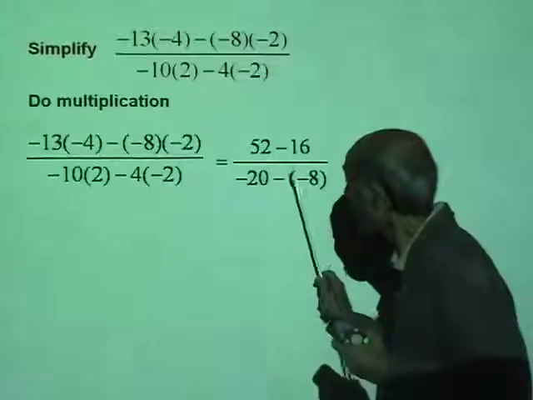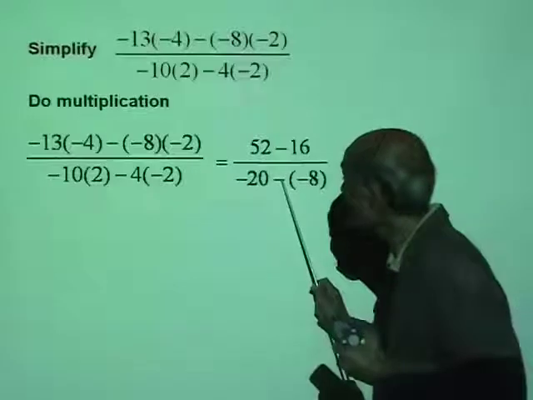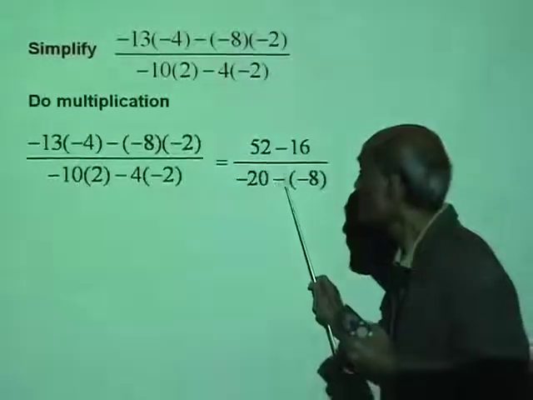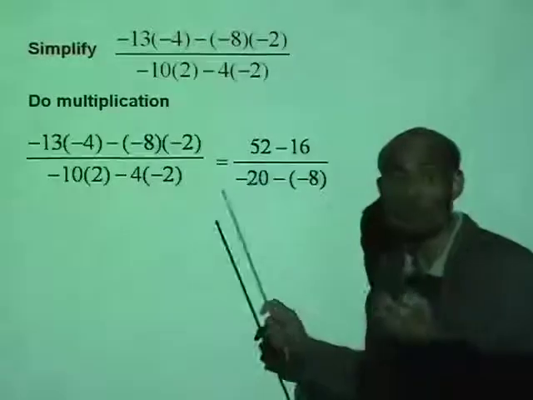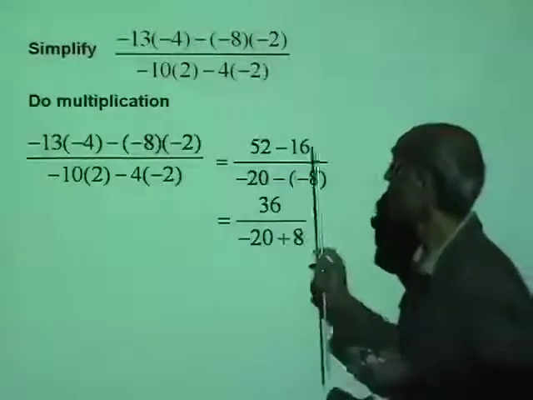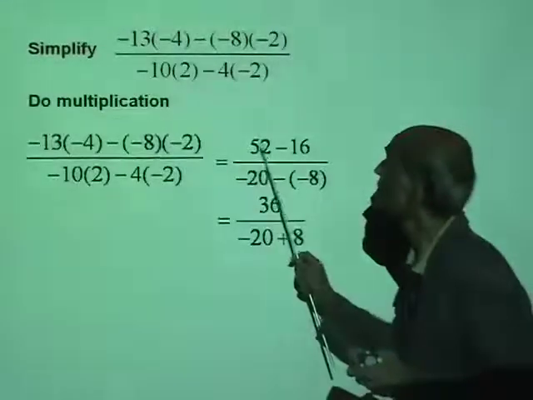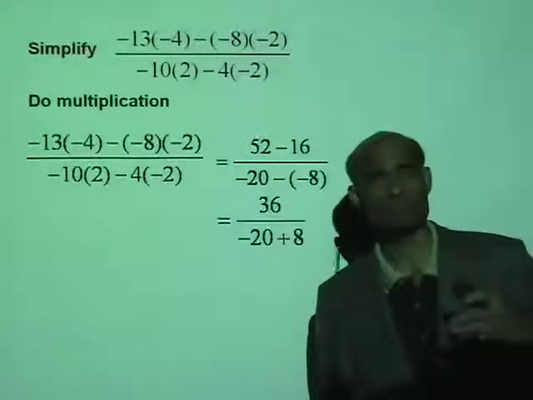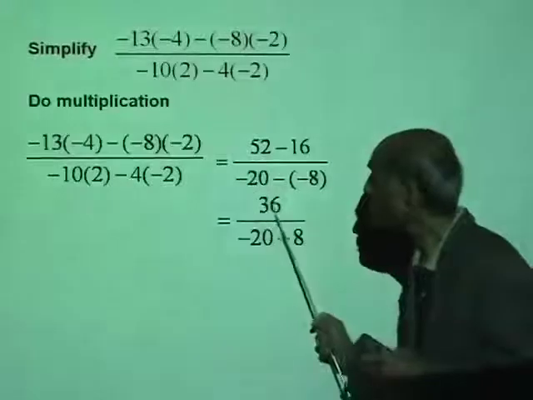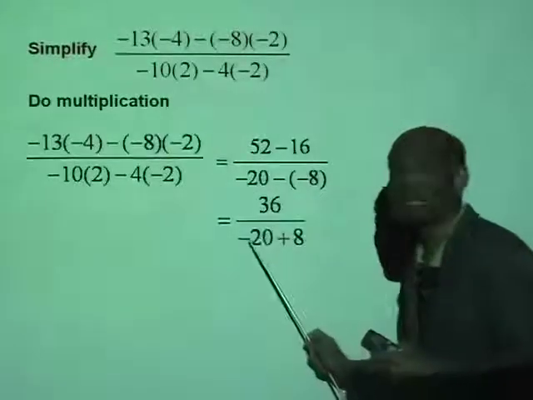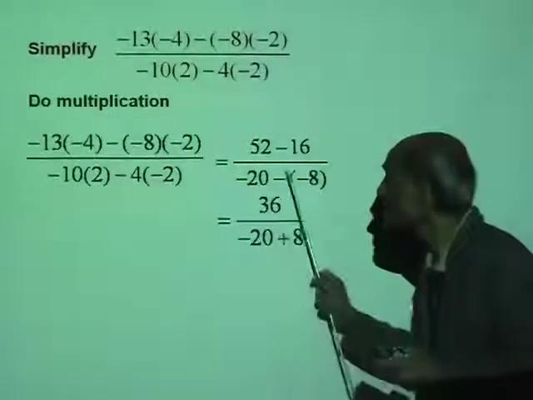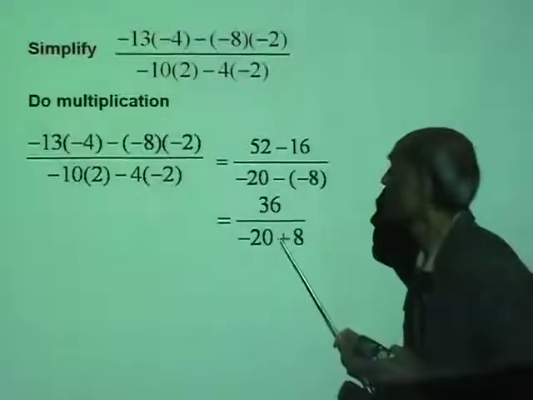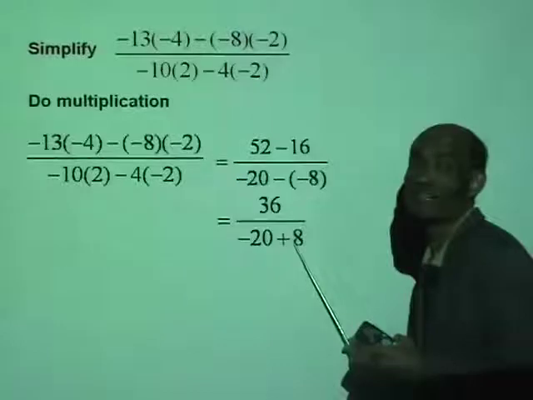And now, on the denominator, you have a negative followed by a negative. Subtract negative becomes positive. So that is, on the numerator, 52 minus 16. What is 52 minus 16? 36. And on the denominator, you have negative 20 minus negative 8 become positive plus 8.